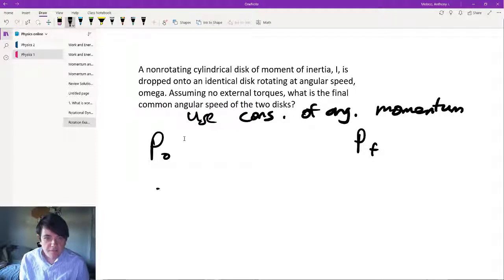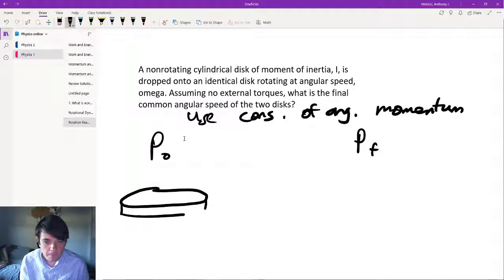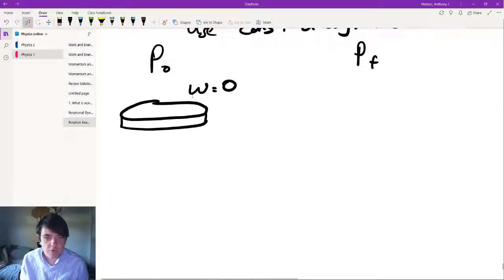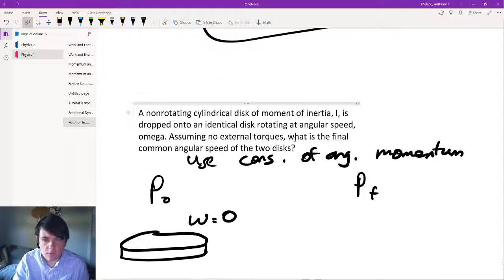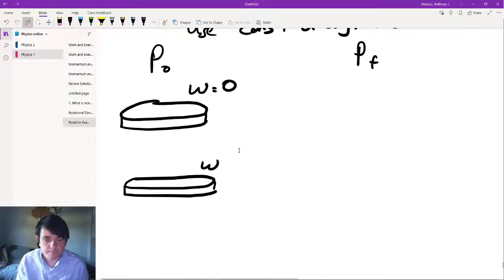So we have a disk here, and this is omega equals 0, so non-rotating, and it's dropped onto a disk with angular speed omega. Okay, cool.